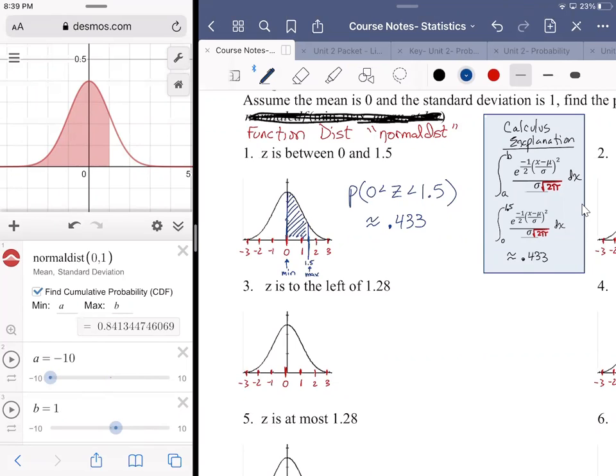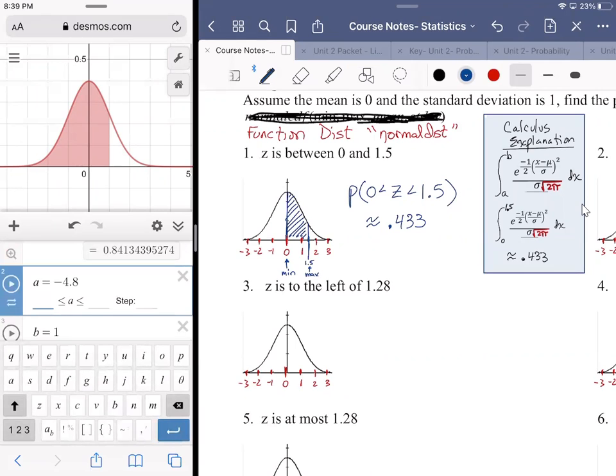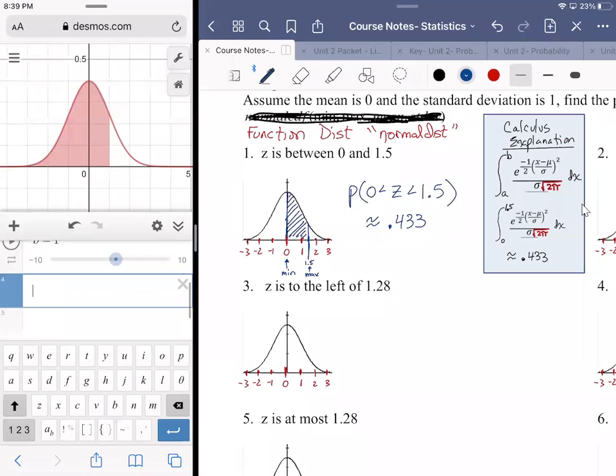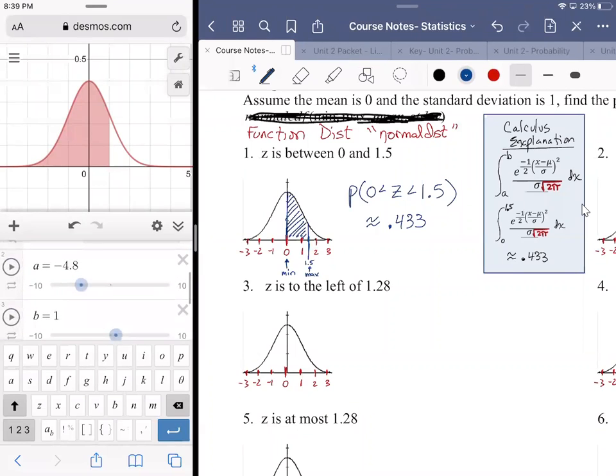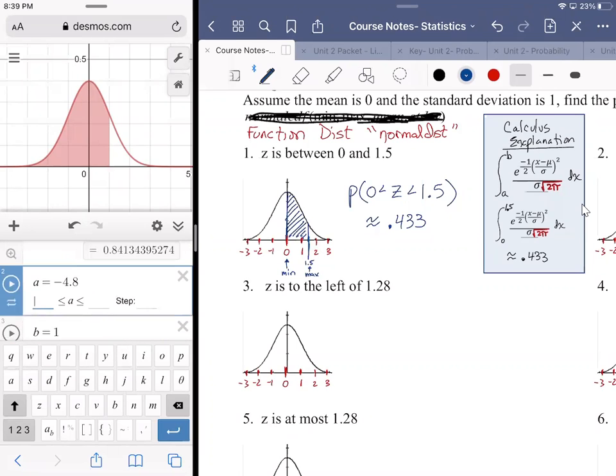And so what I can do now is if I need something like 1.28, you see here it's only going to the nearest tenth. So a little nifty trick. If you tap on one of the bounds, let me show that again. You see that -10 and the +10 right under the A? If I tap on one of those, and I could even just tap on the A if I want, I could change my step.